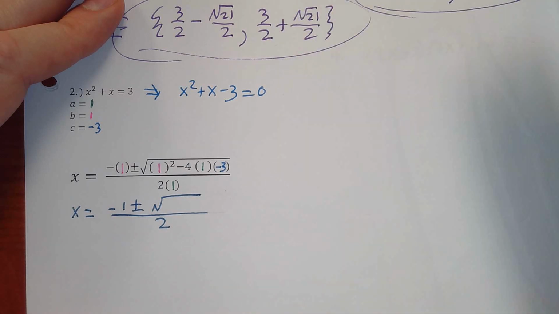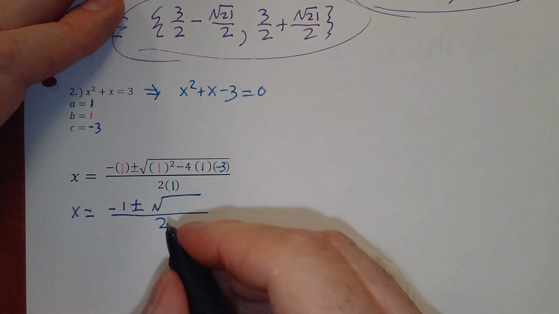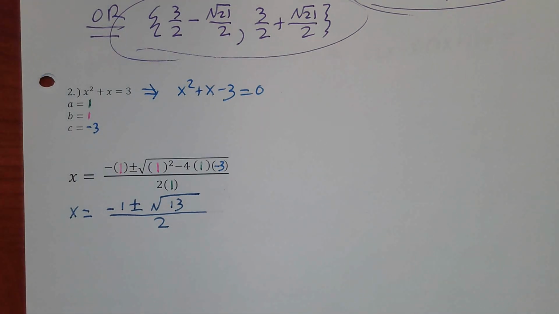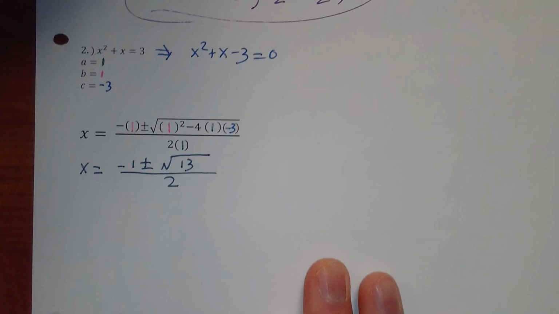So that's 13. And we can't simplify the square root of 13, so we're done. We got our two answers.